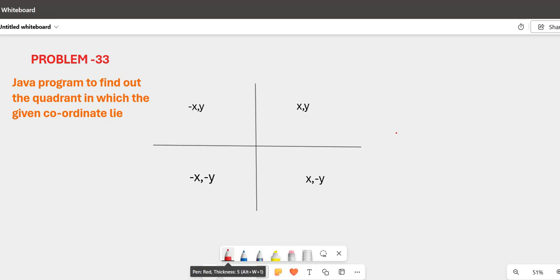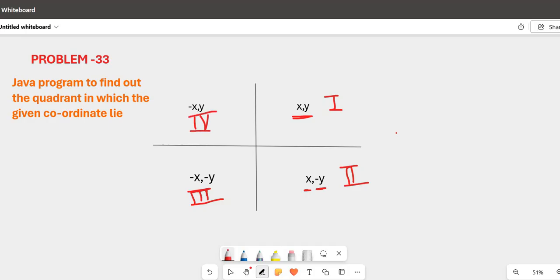When both x and y have positive values, the coordinate lies in the first quadrant. When x is positive but y is negative, the coordinate lies in the second quadrant. When both x and y are negative, it lies in the third quadrant. And when x is negative but y is positive, it lies in the fourth quadrant. So this is how you measure in which quadrant the coordinate lies.